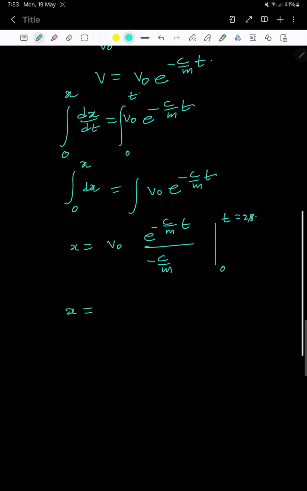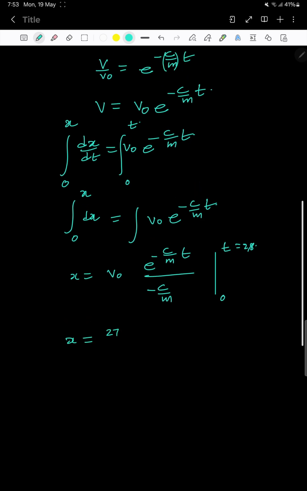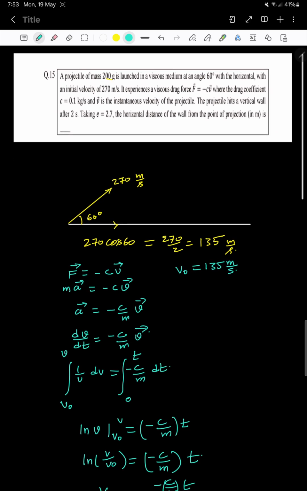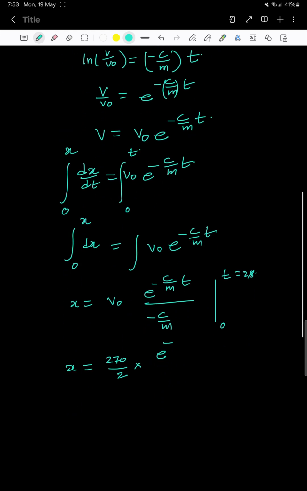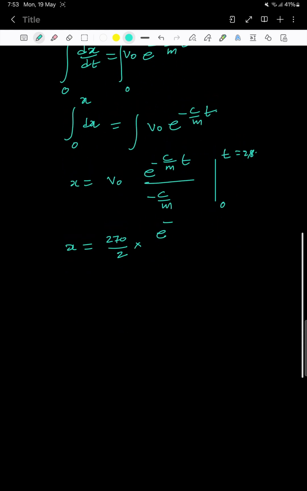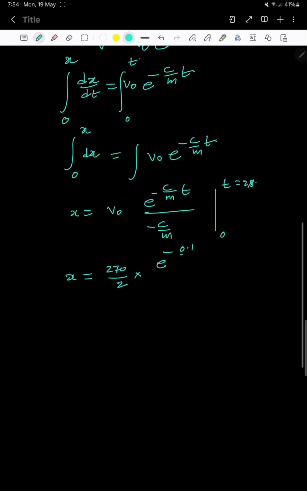So x is equal to v naught along the horizontal direction, initially 270 upon 2, into, substituting the values, e to the power minus c is 0.1 by m which is 0.2 into t, upon minus 0.1 upon 0.2.